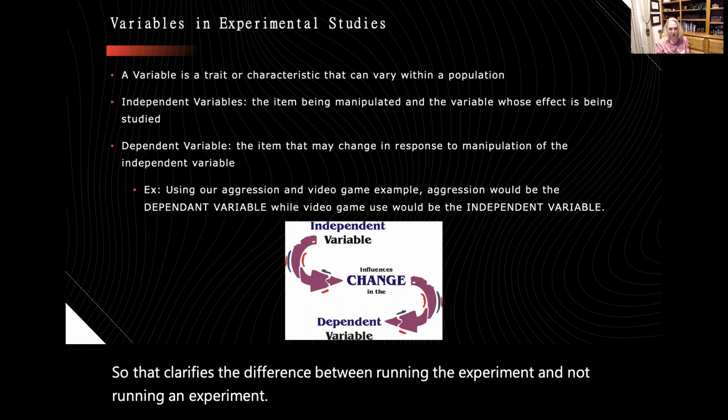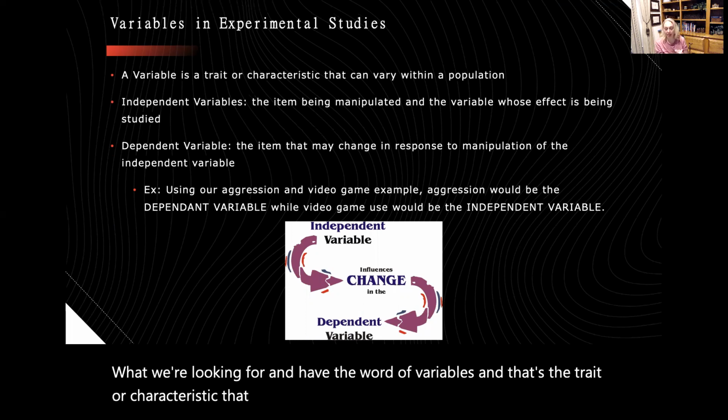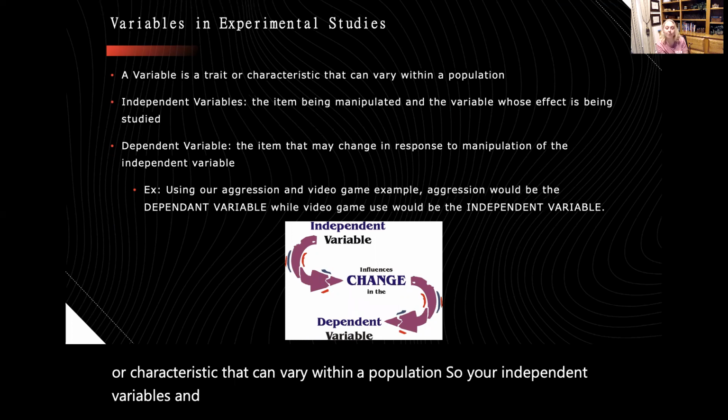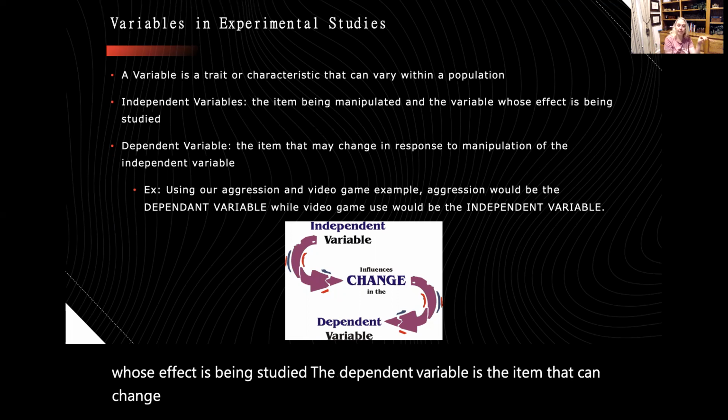When doing an experiment, what we're looking for, we have the word variables, okay? That's the trait or characteristic that can vary within a population. Your independent variable is the item that's being manipulated, the variable whose effect is being studied. The dependent variable is the item that can change in response to the manipulation of the independent variable.